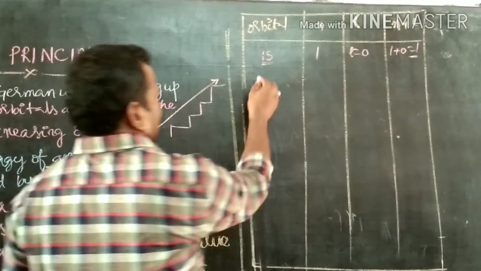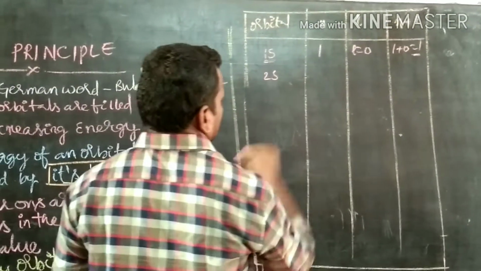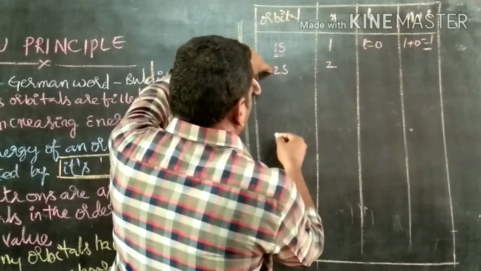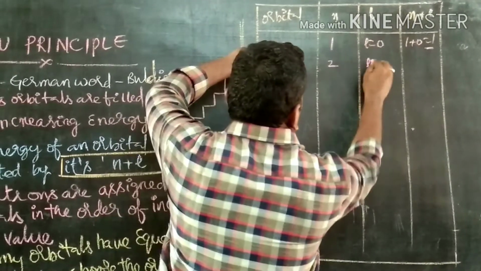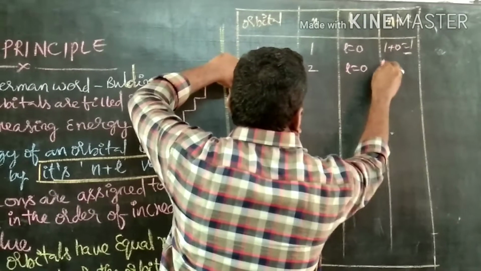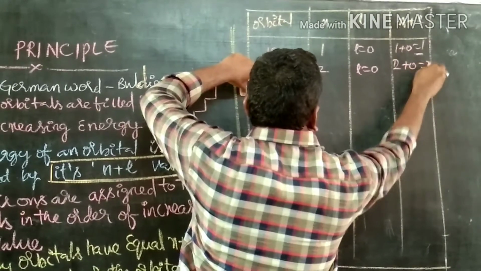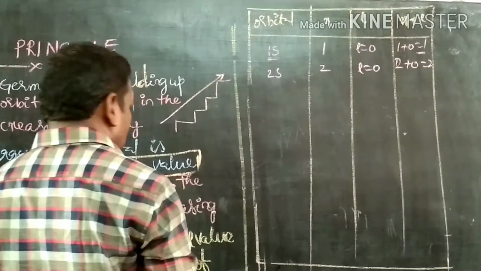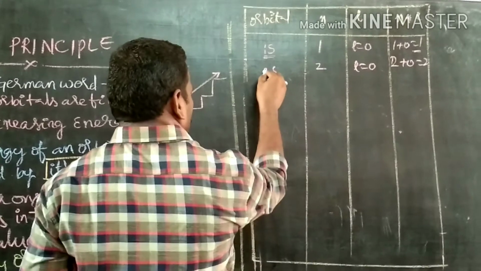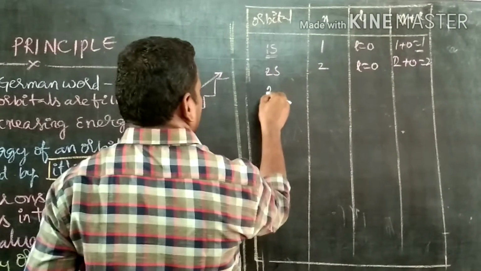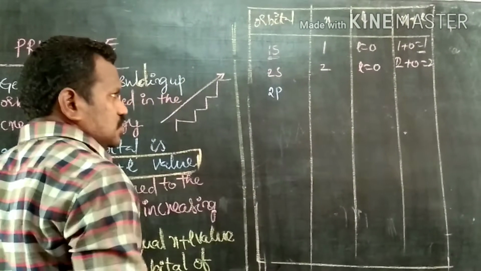Let us come to one more example, that is 2s. Here, n is equal to 2. For s, l is equal to 0. Now it becomes 2 plus 0, that is equal to 2. Now, main level 2 contains one more sublevel, that is p, represented as 2p.